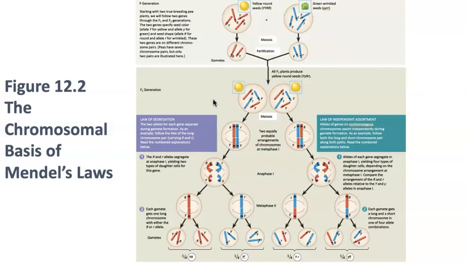So the big R is going to segregate from the little r. And you can see that lining up right here. This would be the metaphase plate in the center of this cell, and big R would be going towards one pole, and little r would be going towards the other pole. Same thing for Ys. Big Y would be going towards one pole, and little y would be going towards the other. And that's segregation.